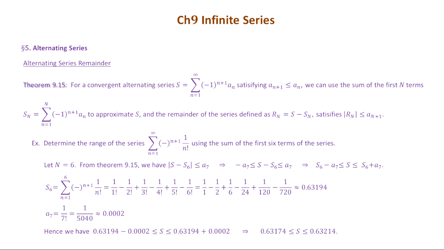Okay, so that's a pretty good estimation or approximation. So at least we know what the value of S is, and you know how accurate that estimation is. All right. Any questions?